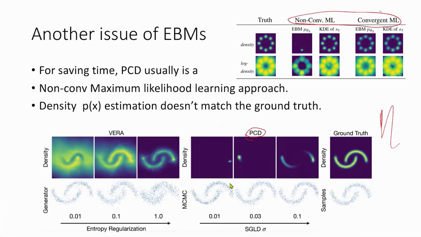They can generate good samples, but the estimated density, p theta given x, is not good. It's not close to the ground truth. Here we can see this part is totally wrong, so it's a potential issue of PCD.